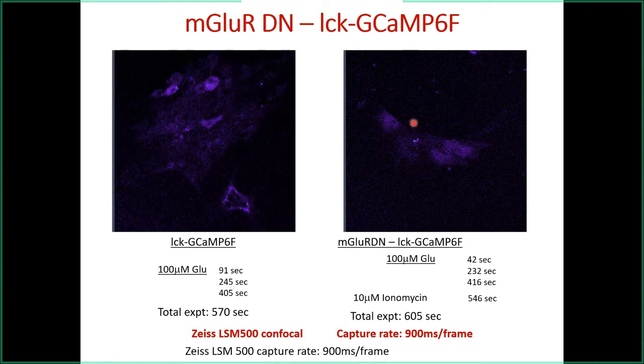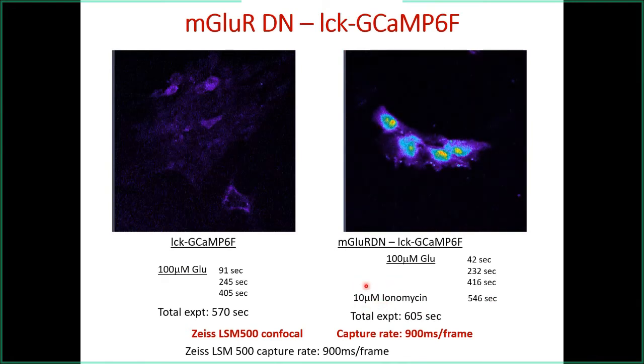In the second panel here, you see the M-blue or dominant negative being expressed along with GCaMP6F, and there is clearly a much diminished calcium elevation in these cells. Towards the end, we wanted to make sure that these cells do contain calcium stores. So we add ionomycin, which is a calcium ionophore, which causes the large calcium release that you see in the end.